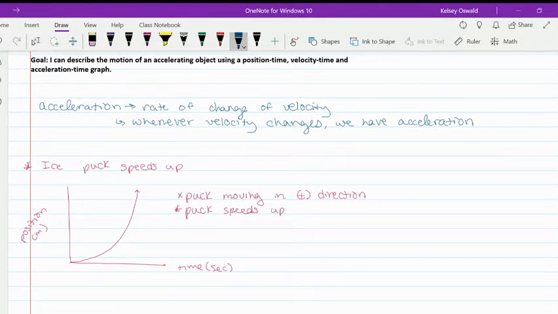If we think back to last unit, we know that the slope of our position time graph is equal to our velocity. So if we look at our velocities or our slopes at certain points in time, we can see that as time goes on, our slopes get steeper and steeper, or they increase in value.